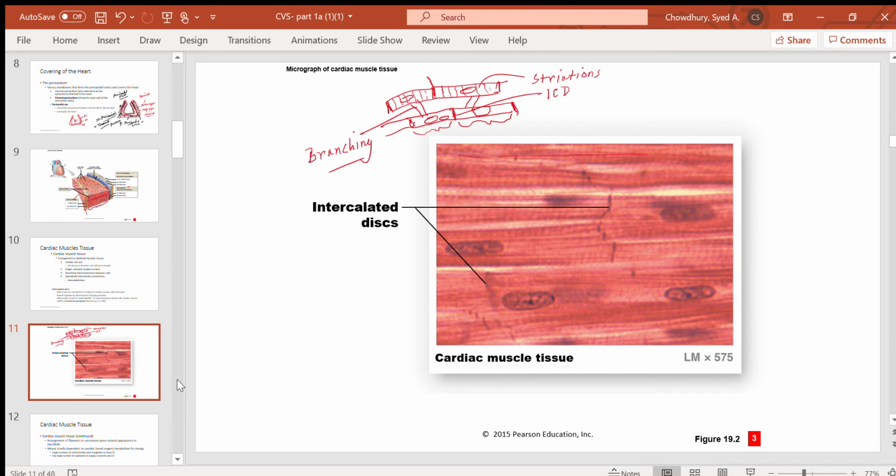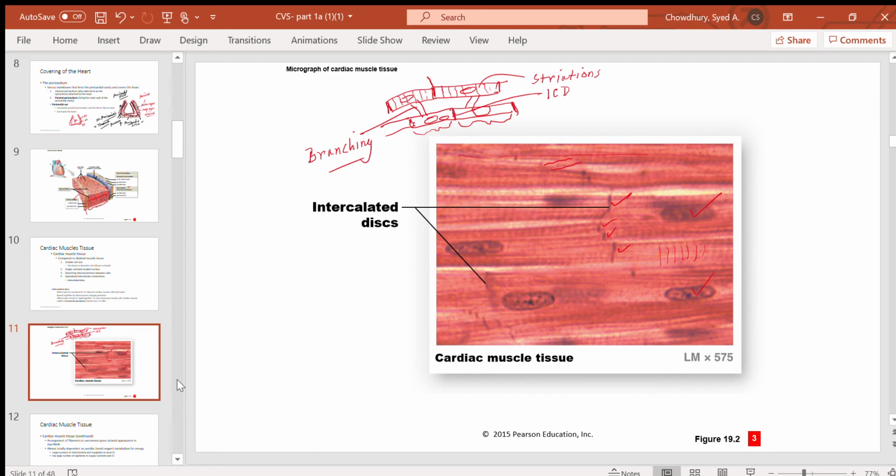And these are the properties of the cardiac muscle tissue. Now here you see the intercalated discs, and you see here the faint bands or lines. These are striations. And the nucleus, and here you can see the branching.